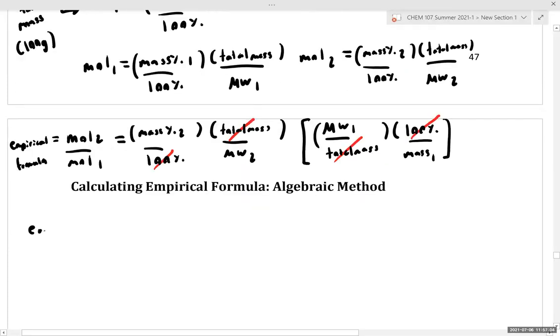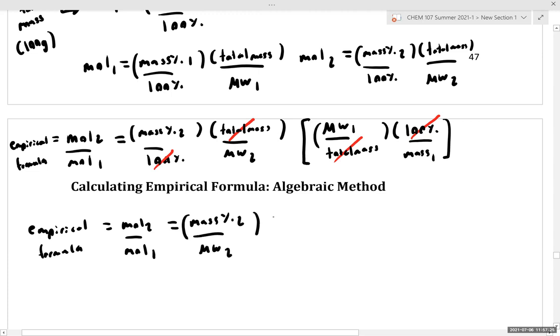Thus, we get for our empirical formula, which is our mole to mole ratio, the empirical formula can be calculated from the mass percentage and molar mass. And we see algebraically that we can calculate our mole to mole ratio.